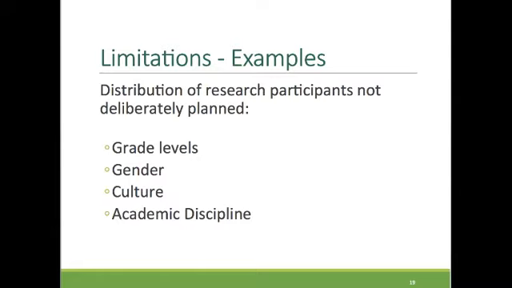So maybe DESE decides to only give this assessment at certain grade levels, and you can't do your measurement with other grade levels because that assessment is not given at that grade level. That could be a limitation. Or gender is not provided by DESE. That's a limitation. So there's various reasons for limitations. So look at those examples on page 13 in the example paper, and then review the examples in your L&I text.